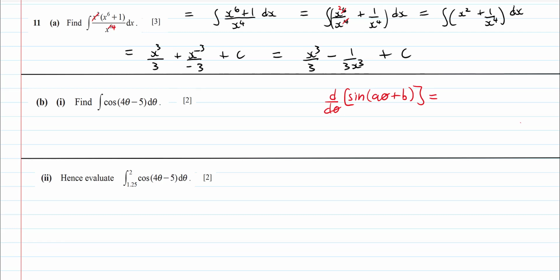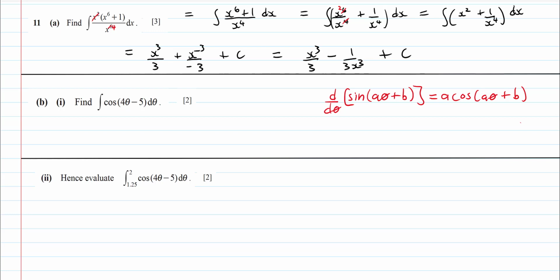So that is going to equal, well, sine becomes cos, so we're going to get cos of a times theta plus b, and then we multiply this, just using the chain rule, by the derivative of the inside here, this a theta plus b. So b is constant, so the derivative of a times theta plus b with respect to theta is just a. So we multiply that by a.